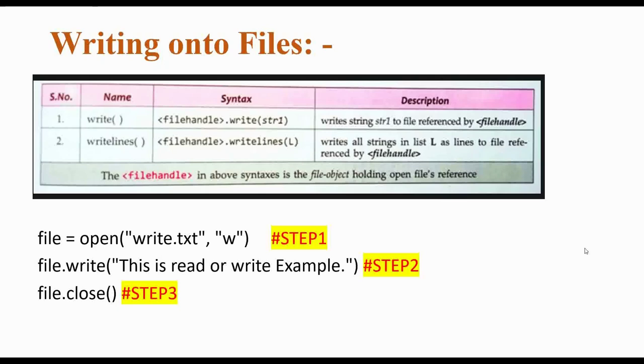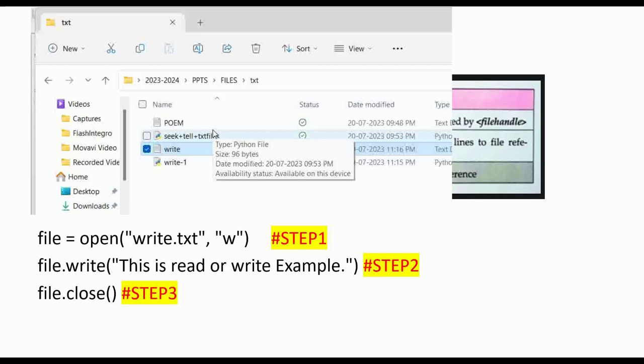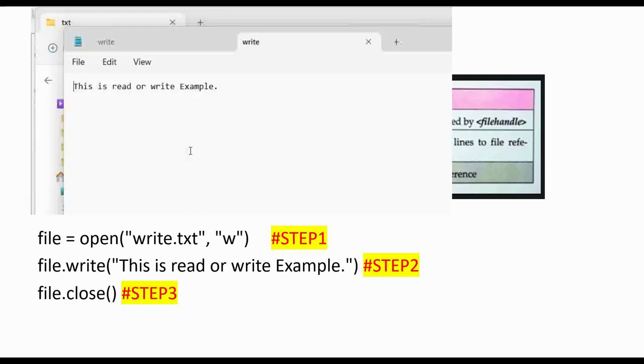Now writing into the file. Let us look at this particular code step by step. When you write into the file, you're creating a new file called write.txt and the mode is going to be W. That's the first step. Then for writing into the files, there are two different methods you can use. These support text files only. The write method accepts string parameters.